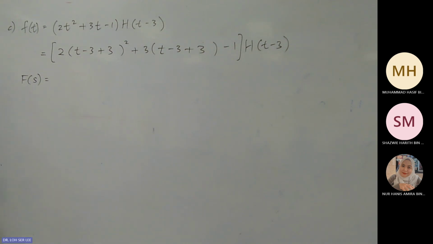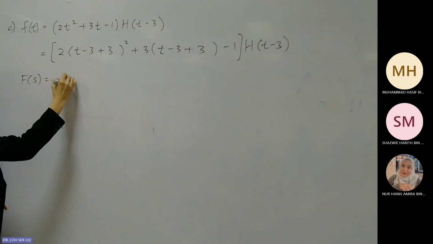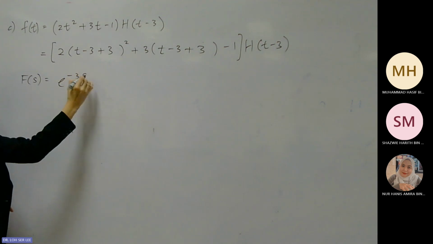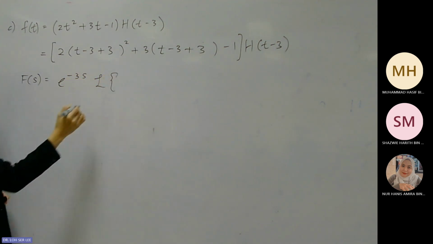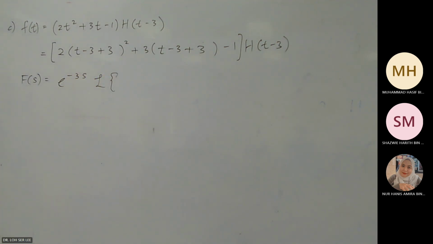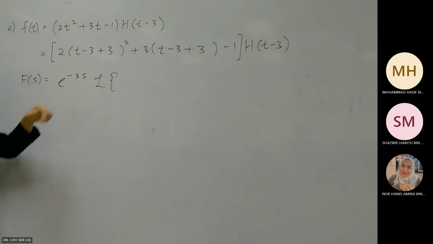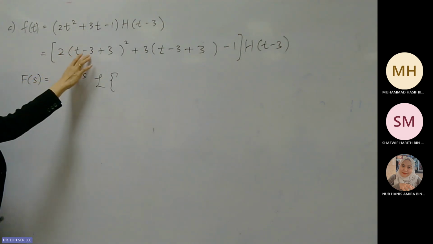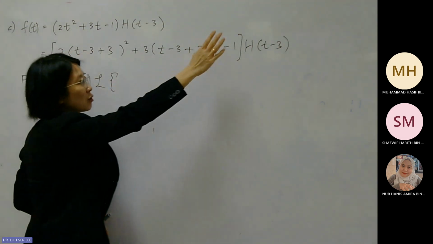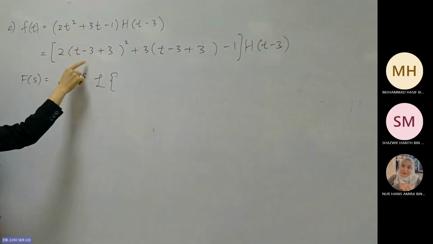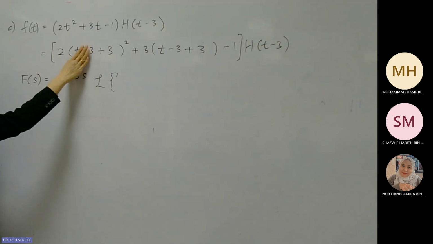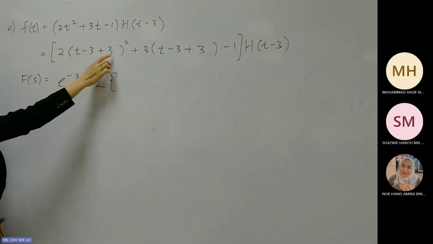Take out the minus 3, you have e to the minus 3s. Then here, your signal function. Once you have taken out the minus 3, there will be no more Heaviside function.